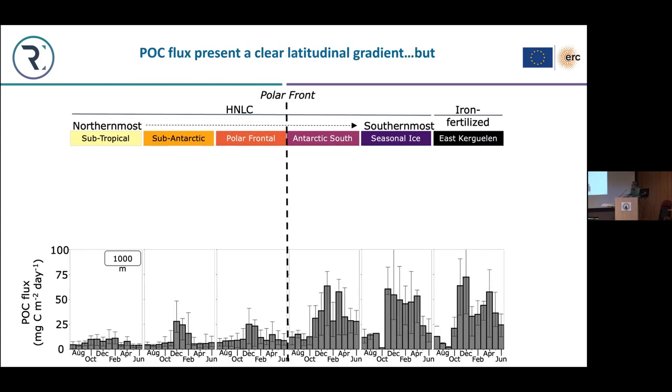And you can see from the subtropics to the south of the polar front and either Kerguelen, an increase of this particulate flux along this latitudinal gradient.